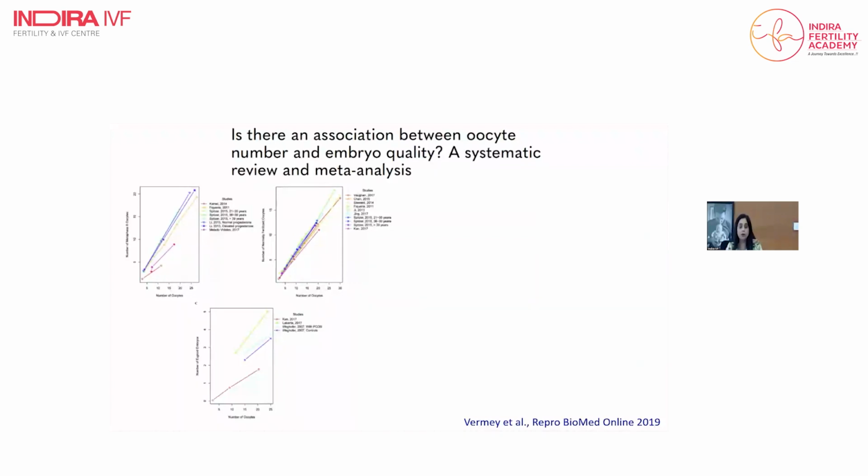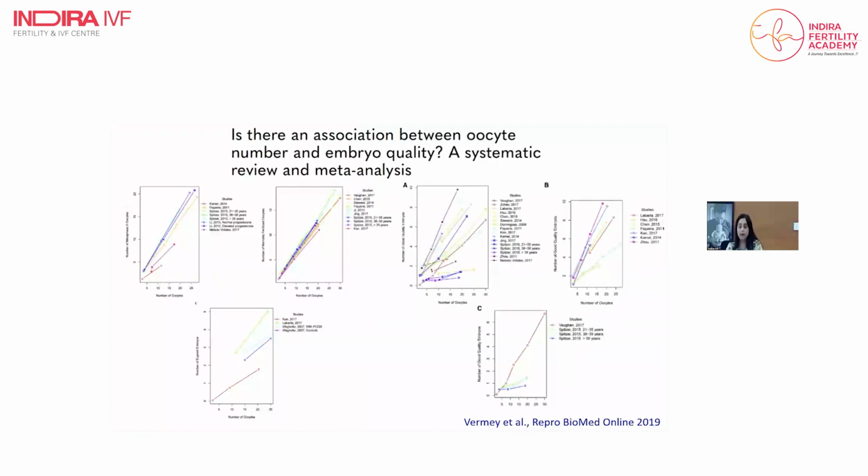And what it shows is that the number of oocytes is positively correlated to the number of metaphase 2 oocytes. So the number of oocytes is positively correlated to the number of mature oocytes, fertilized oocytes, and also euploid embryos. You can see all the lines in the same direction going upwards, showing a positive association with good quality embryos both in the cleavage stage and also in the embryos when reaching the blastocyst stage.